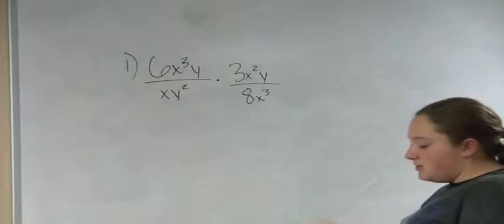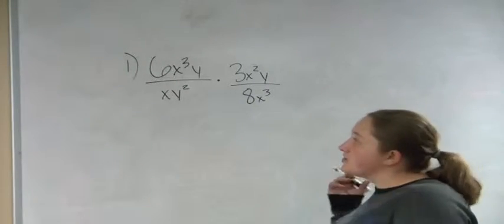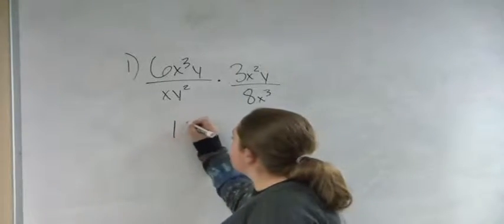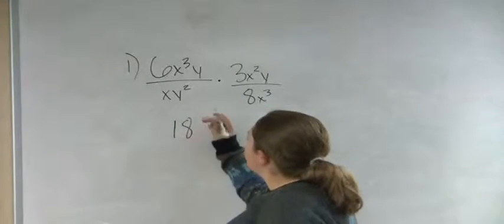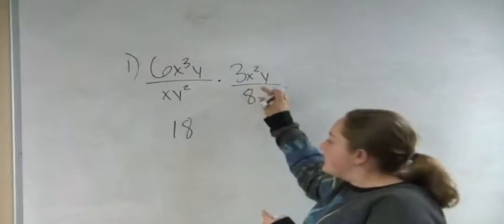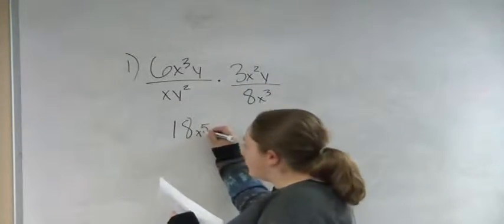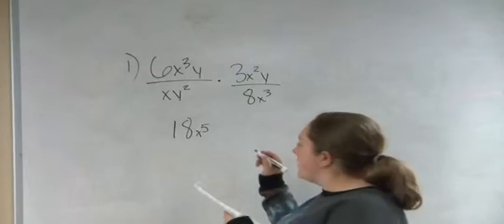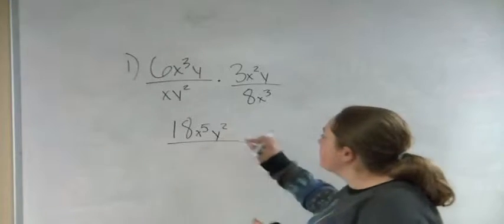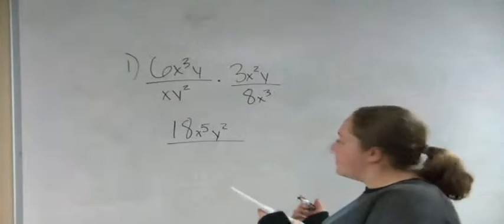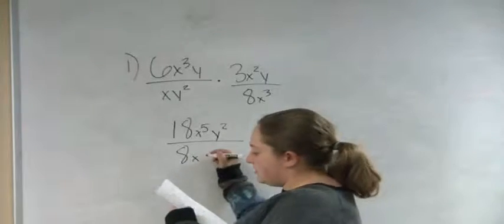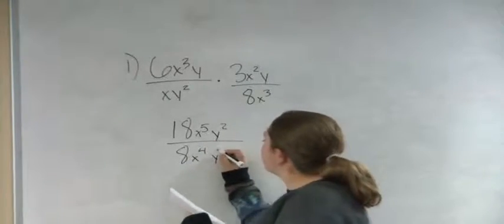Since this one's fairly straightforward, I'm just going to multiply it across first. So, 6 times 3 is 18. x cubed and x squared, we're going to get x to the 5th, and then y squared. Now, on the bottom, we have 8x to the 4th, y squared.